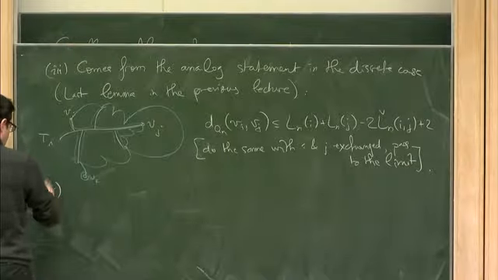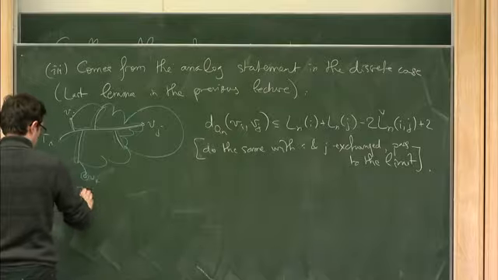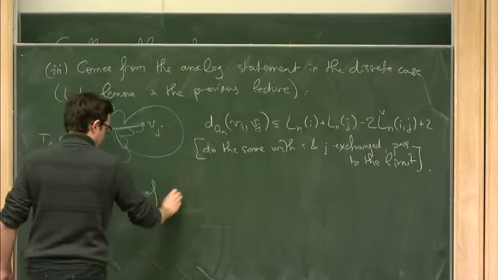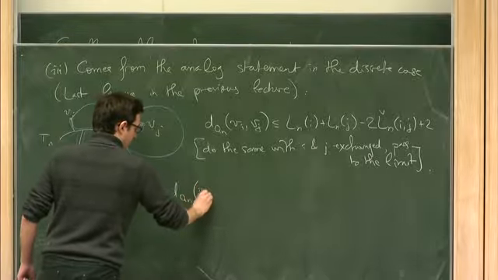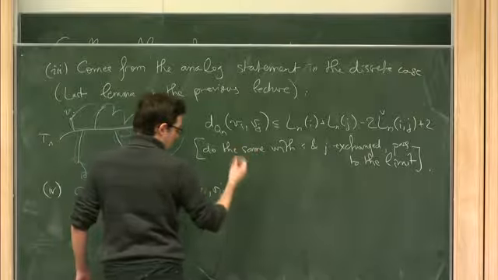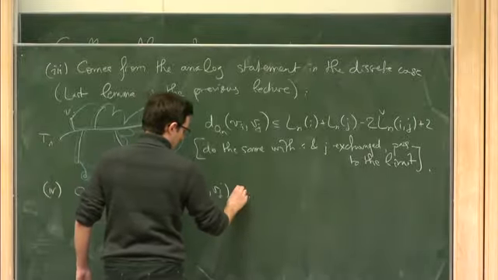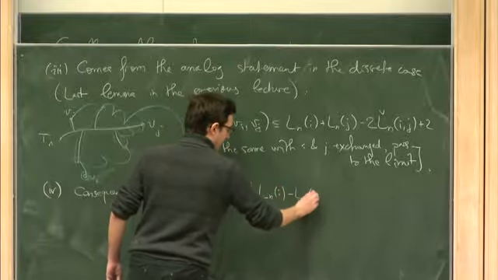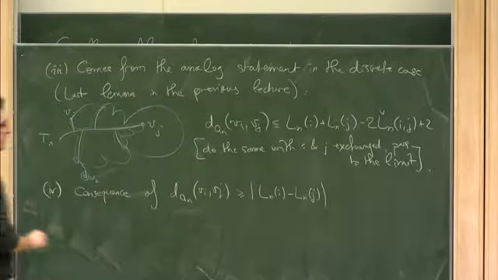And 4 is very similar. It's just a consequence of the fact that the distance from Vi to Vj is at least the difference of the labels. And this, we commented on. It's a very simple property of the Schaeffer bijection.